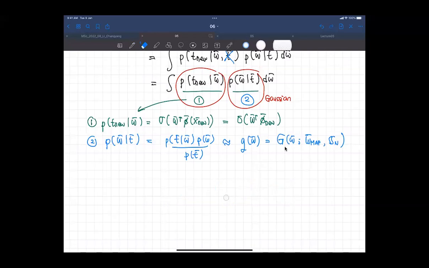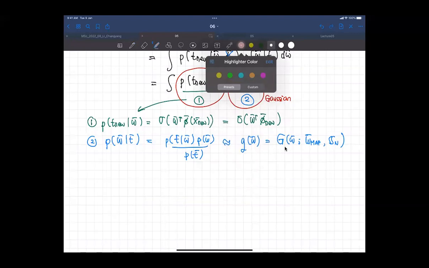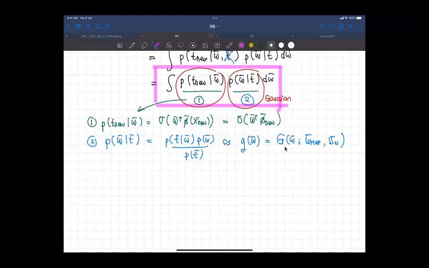So what is the something else here? The integration here is the main problem. It doesn't look like a Gaussian. Now the solution is another special case.